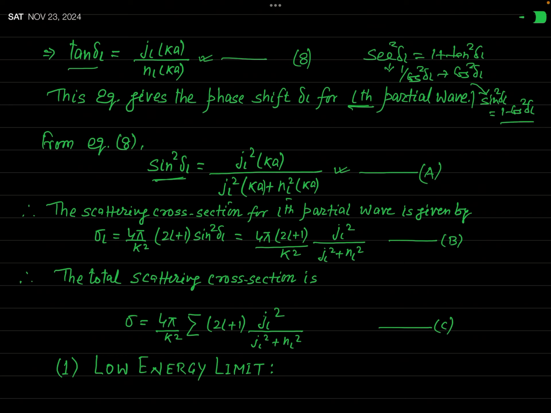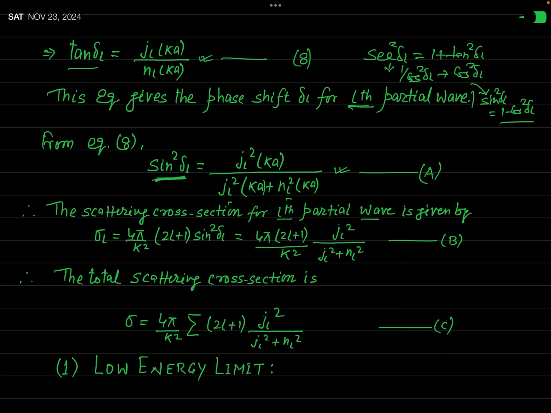Okay. This is actually a most important result because in a scattering problem, whenever you write the expression for the scattering cross section, this factor sine square delta comes in. Therefore, I have obtained the value of sine square delta L. Now, after obtaining it, you can define the scattering cross section for the Lth partial wave.